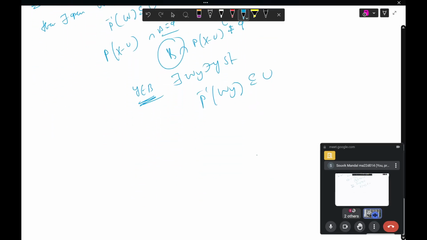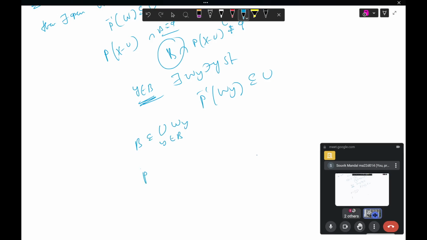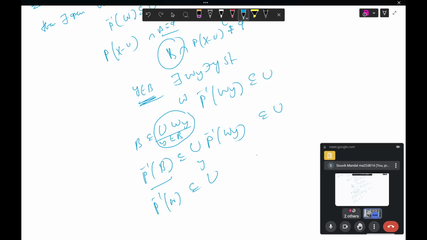So for each y belonging to B we are getting this. Now obviously B is a subset of the union of W_y, y belonging to B. So obviously P inverse B is a subset of the union of P inverse W_y, which is a subset of U. And this arbitrary union of open sets is an open set W.